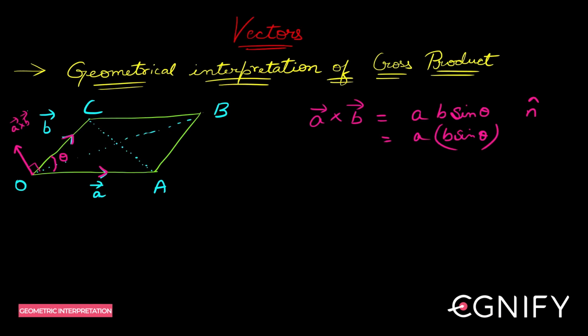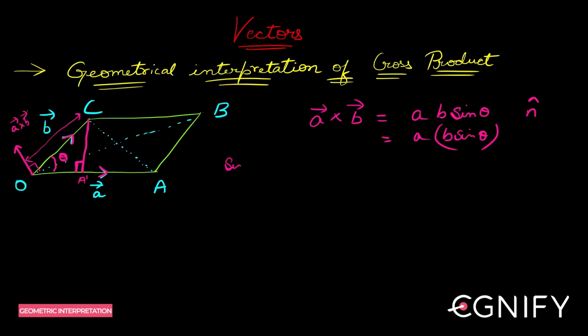Right. What is B sine theta? So if I actually drop a perpendicular like this, then this length is basically your B sine theta, right? Because opposite to 90, the side length of this is B, this is your theta, and let this be some A dash.